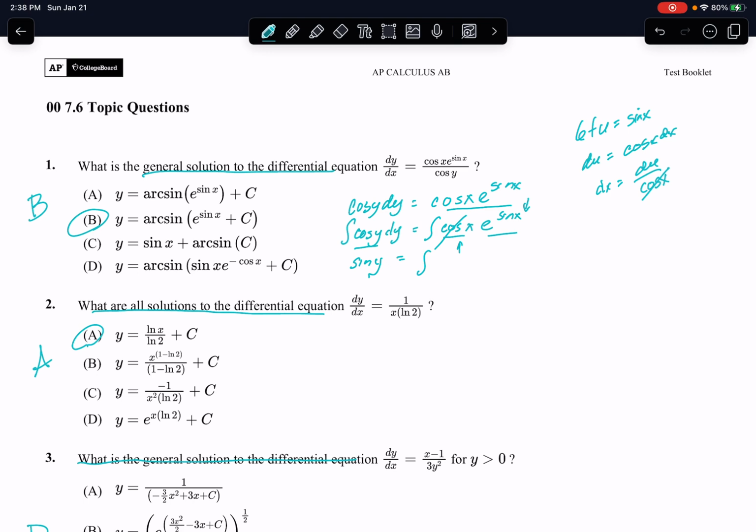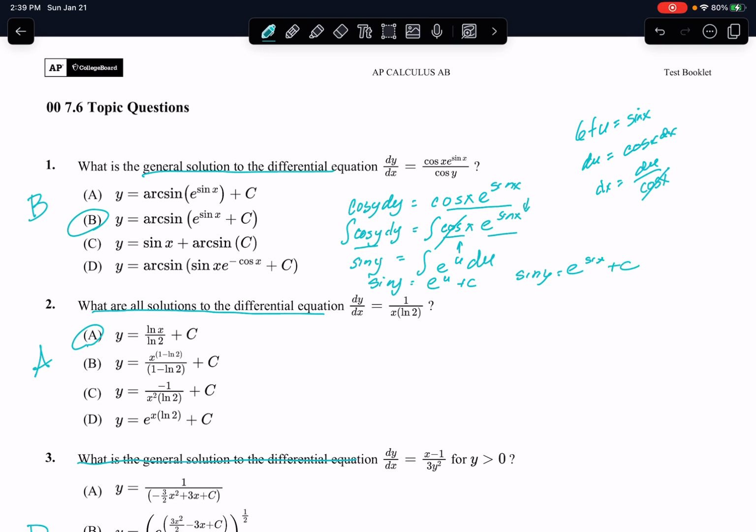So now I'm integrating e to the u du. And you know that the integral of e to the u du is just e to the u. So you get sine y equals e to the u plus c. So sine y equals e to the sine x plus c.